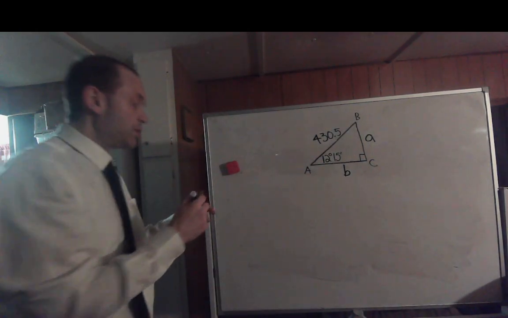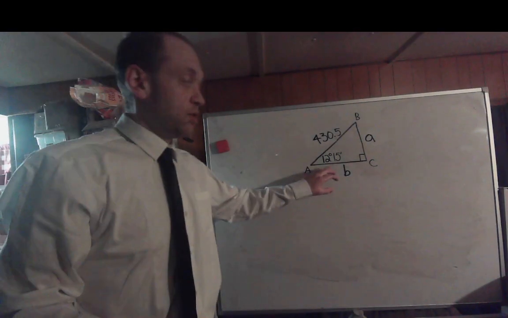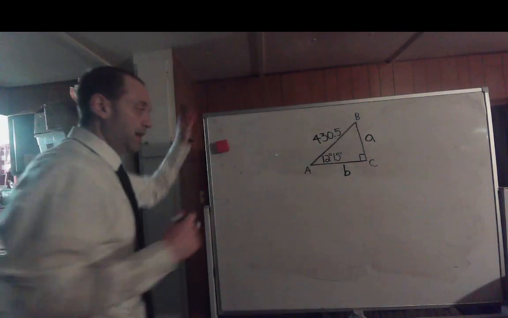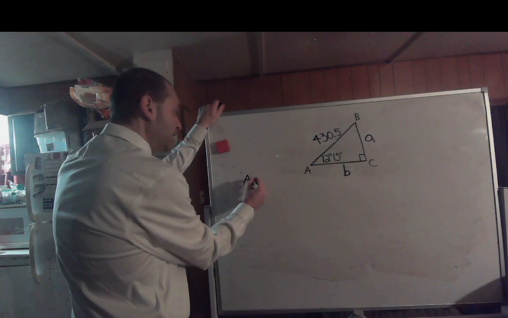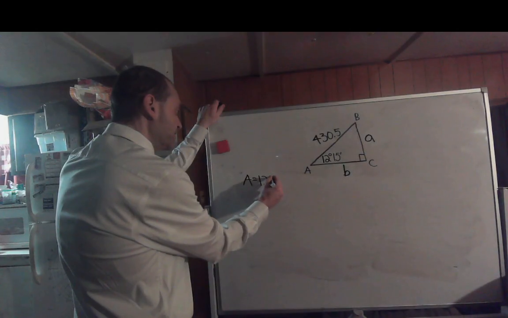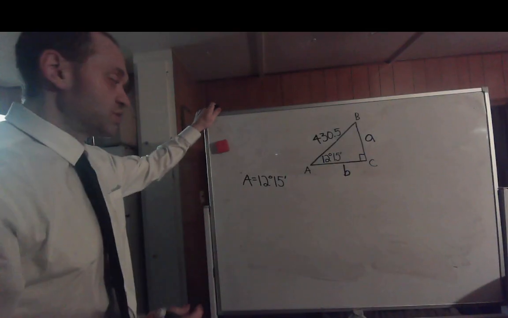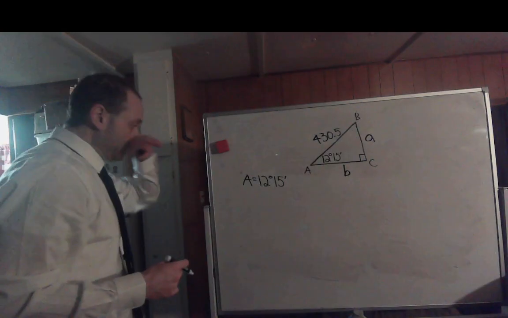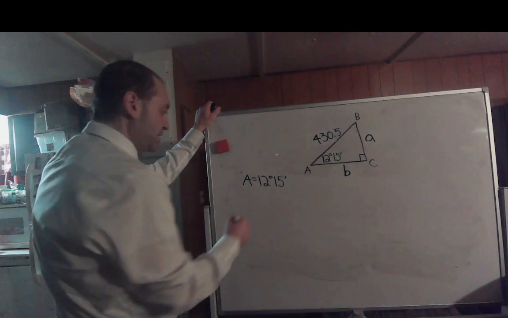Okay, well, we definitely need to deal with this angle A first. We have an angle and a side. We know that angle A equals 12 degrees and 15 minutes. What's probably going to serve us well is just to convert this into degrees, because it can be kind of tough to put degrees and minutes into the calculator.